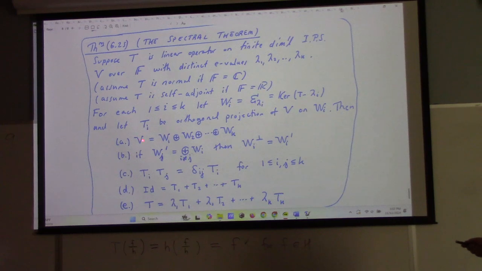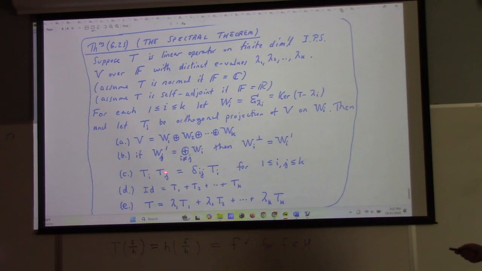If that's the case, then V is the direct sum of your eigenspaces. The perp to the ith space is the sum of all the other ones, right? It's just what you want to think intuitively, and they commute or they square to themselves. That's what this says: T_i squared is equal to T_i.